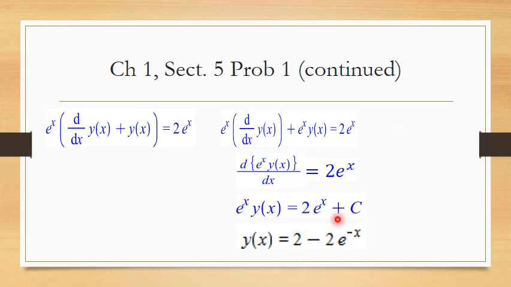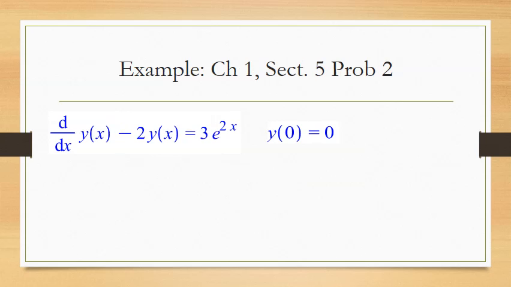And if I divide by my e to the x to just get y, I get this solution. Now you can see as x gets large, this is going to go to 0 and our solutions are going to go to 2. So this is how you solve a first order differential equation that comes in the standard form using the integrating factor.